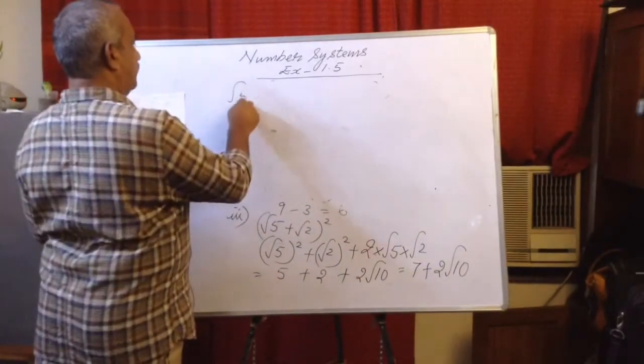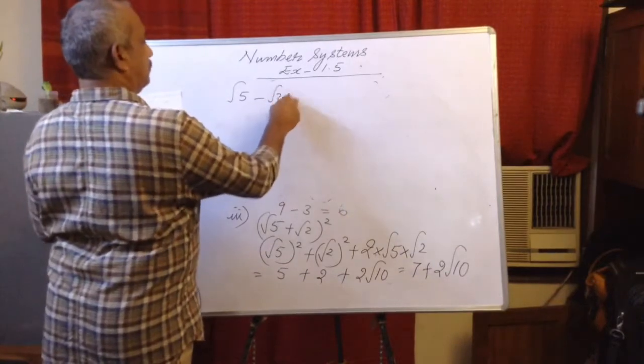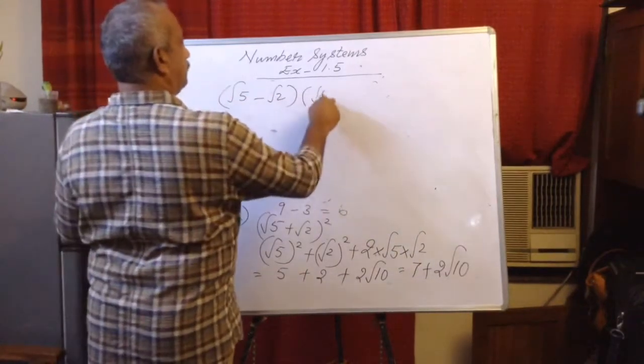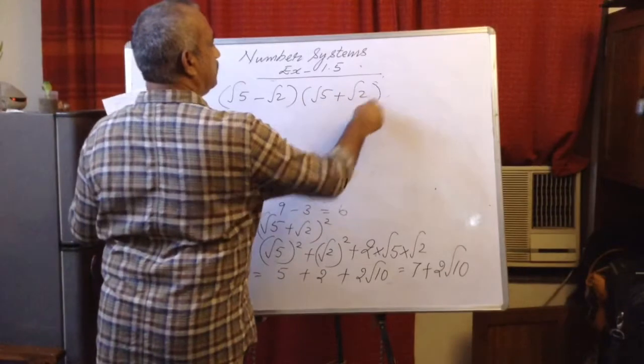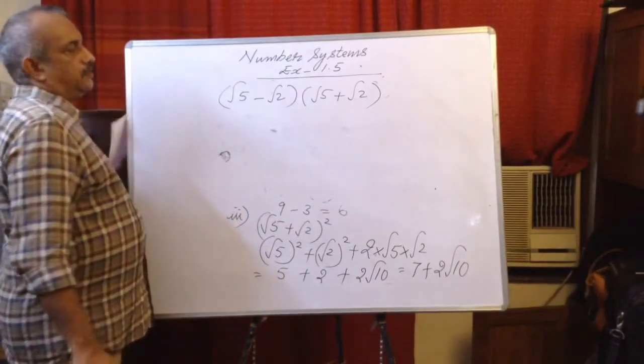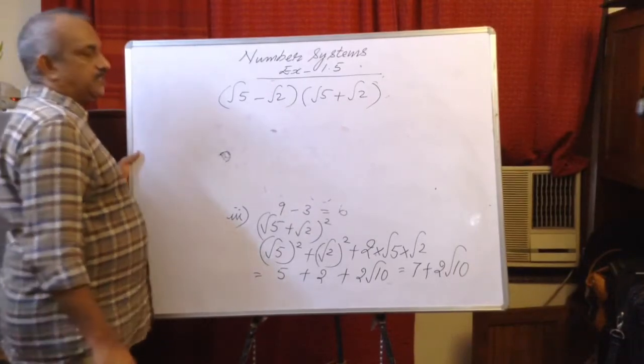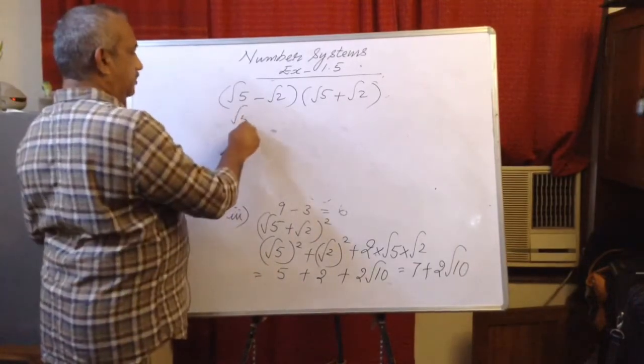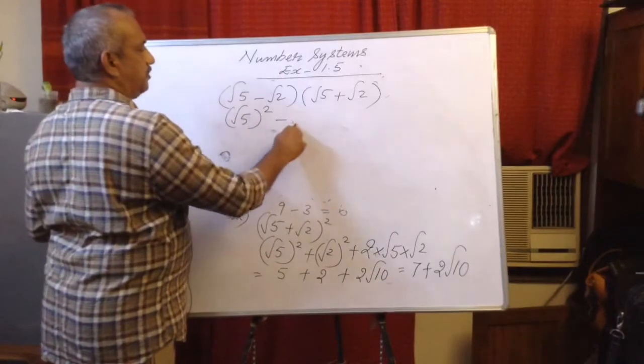See, root 5 minus root 2 into root 5 plus root 2. We did these types of questions. Again, third identity: a plus b into a minus b is equal to a square minus b square.